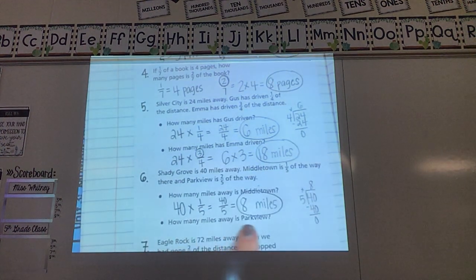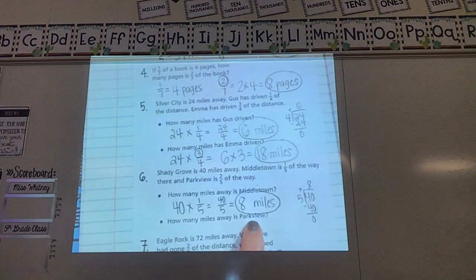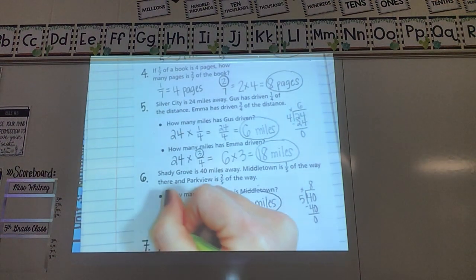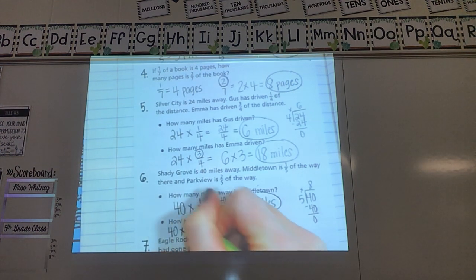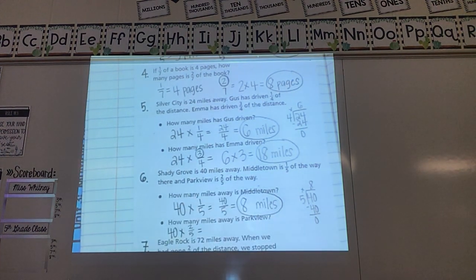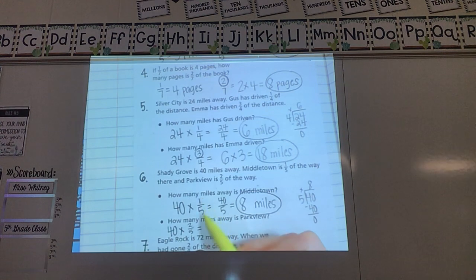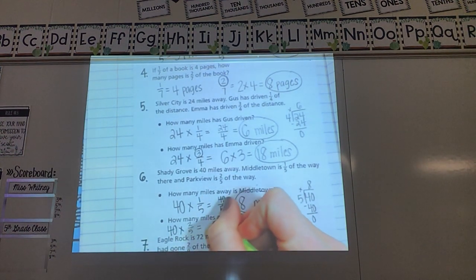How many miles away is Parkview? All right, so Shady Grove is 40 miles times Parkview is 2/5 of the way. I think I could use my trick here. I know that 1/5 was 8 miles.